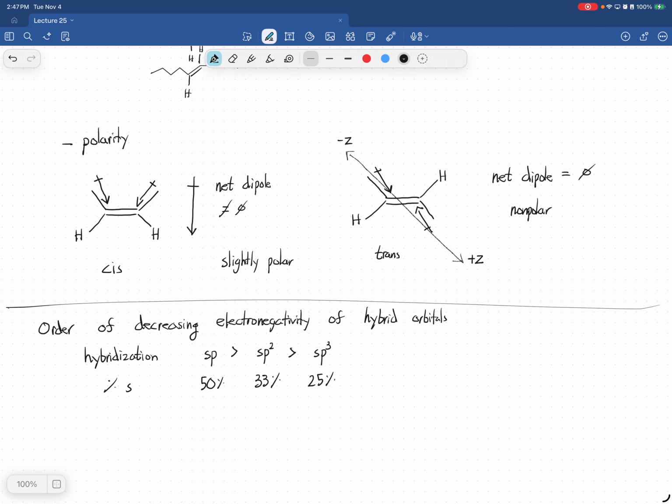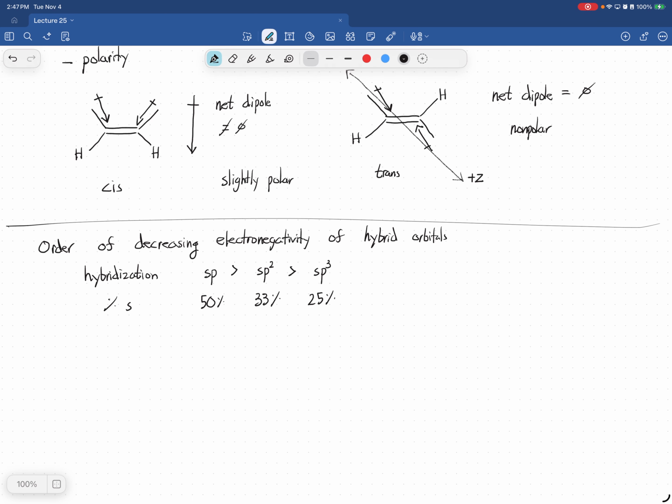So would you think that's a stabilizing force or a destabilizing force? Stabilizing, okay? That's why the acidity of these different hydrogen atoms on carbon are increasing if you have a higher S character, okay? So we'll just end here, okay? And next time we'll start on the stability of alkenes, like I was talking about, more substituted, all right?